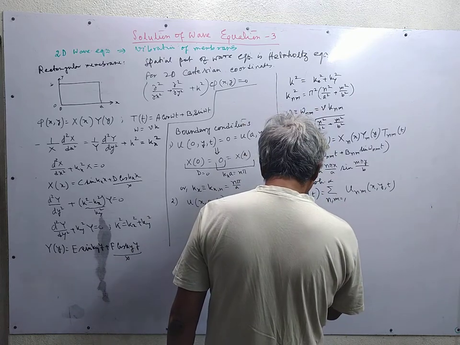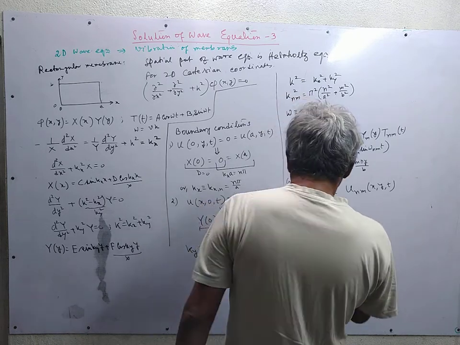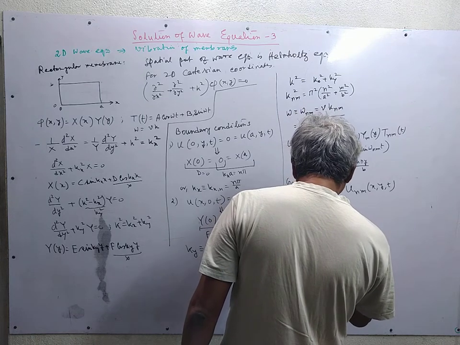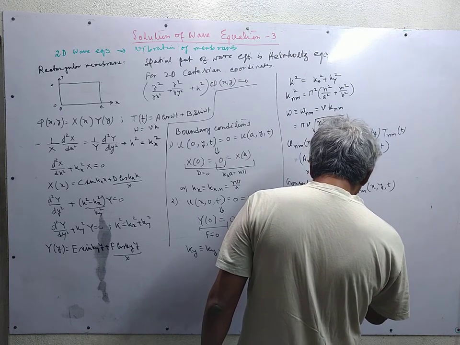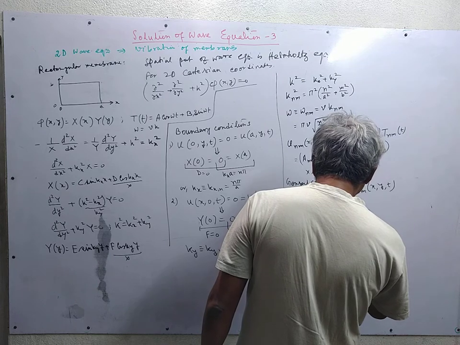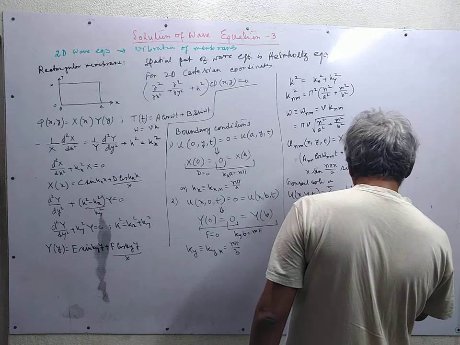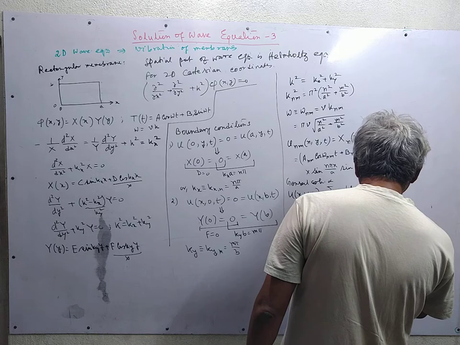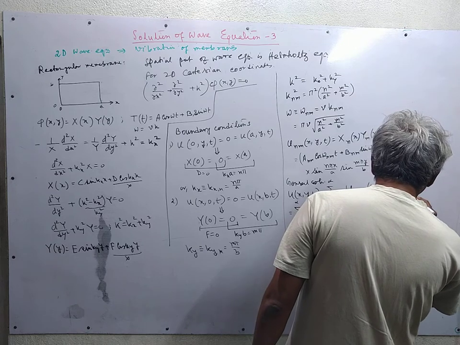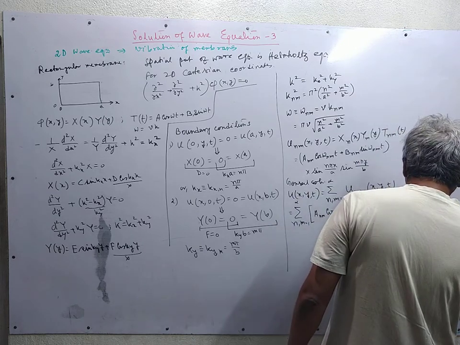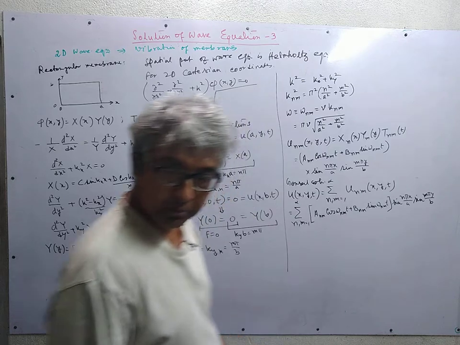So this is summation over n m 1 to infinity, a n m, b n m sine of omega n m t, sine of n pi x by a, sine of m pi y by b. This is the harmonic solution or the most general solution.